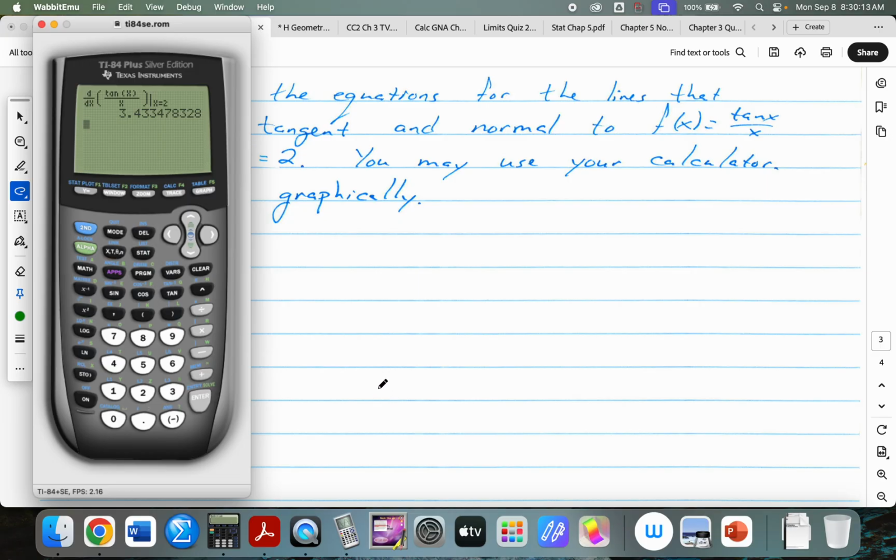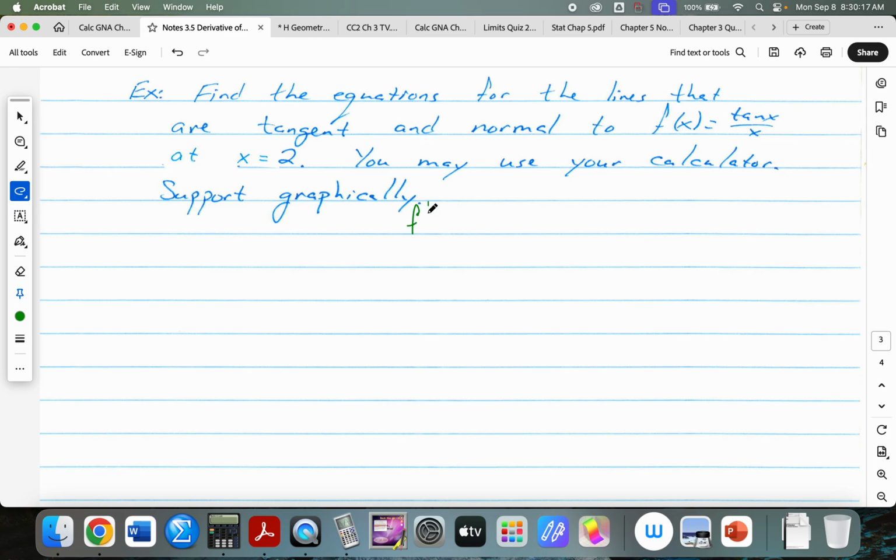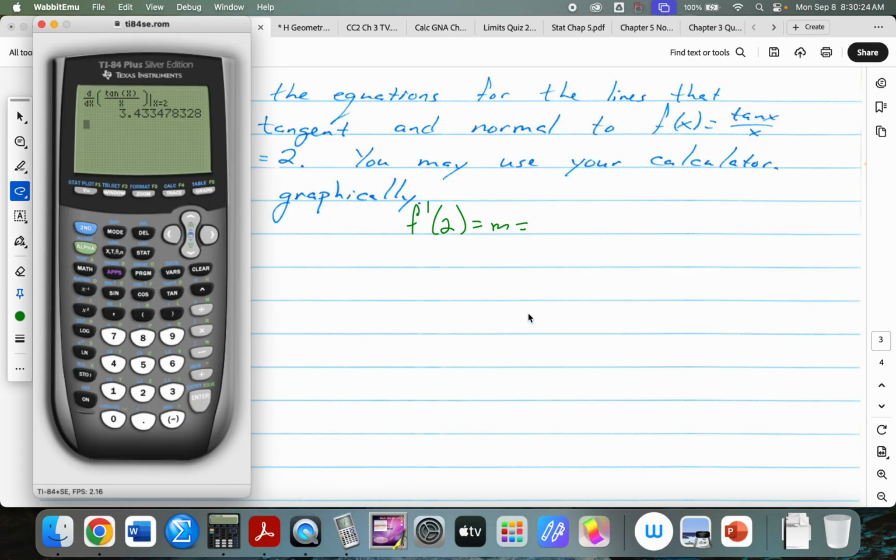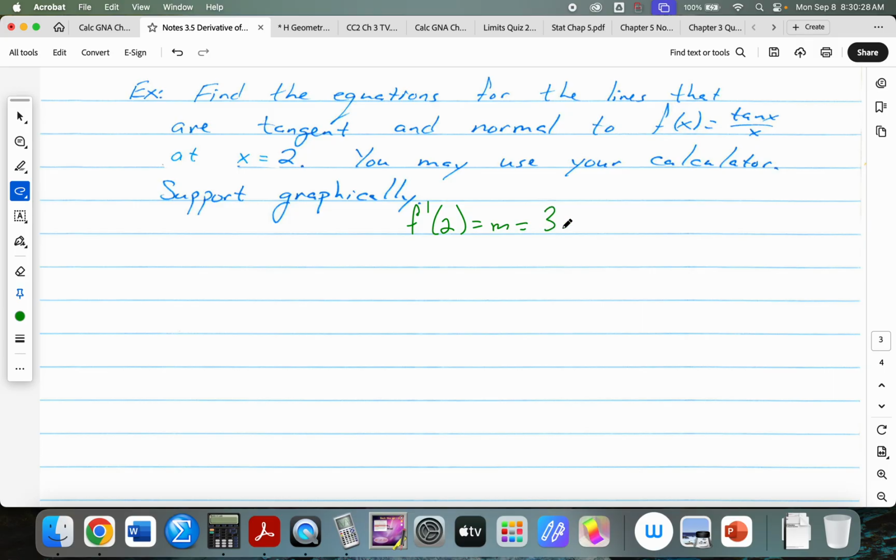So that's our slope. So f prime at 2 is our slope, is 3.433. And I guess I should say that's the slope of the tangent.